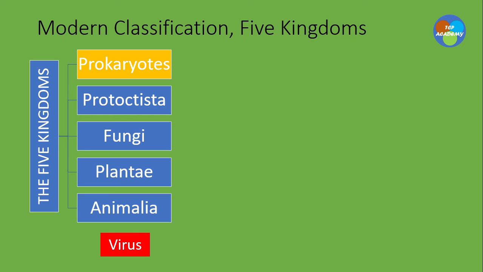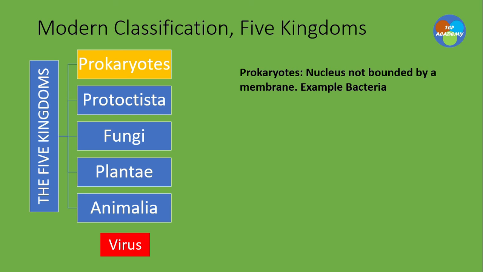Why viruses are not considered to be a kingdom is that they are not able to exist without being in a host, right? So we know that prokaryotes do not have a nucleus bounded by a membrane.